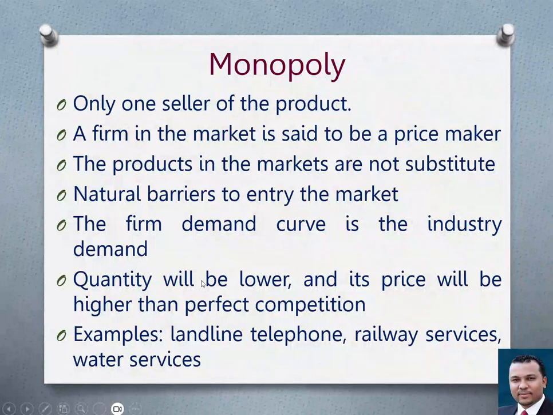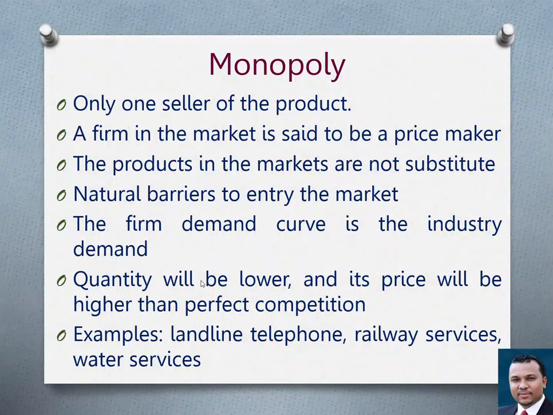What about the quantity produced in this monopoly? The quantity will be lower than the quantity in case of perfect competition, but the price will be higher than the price in case of perfect competition.